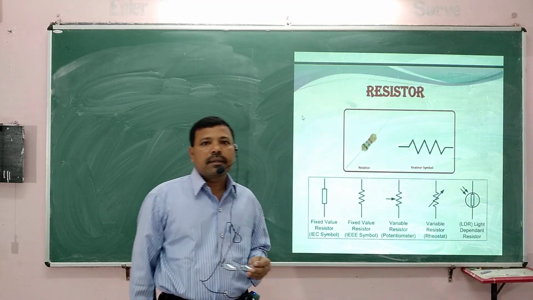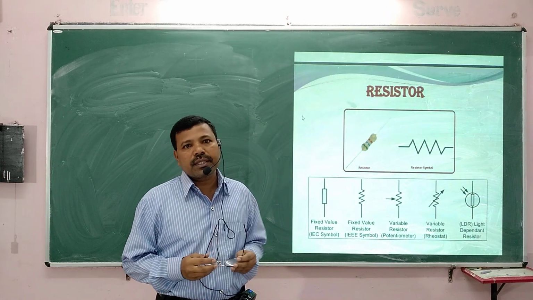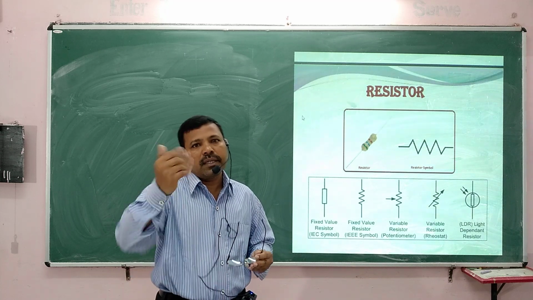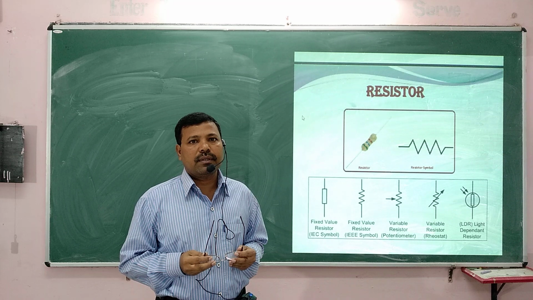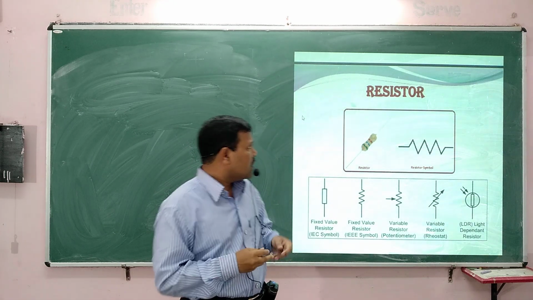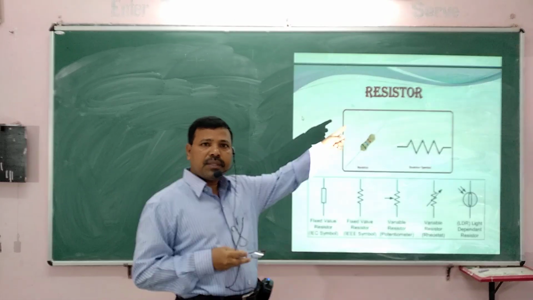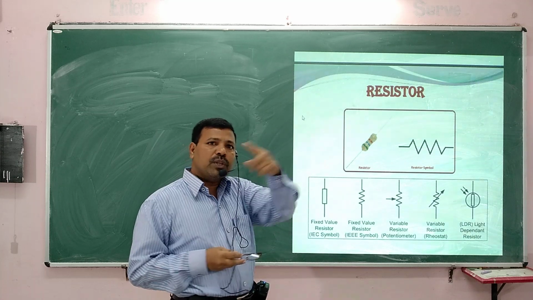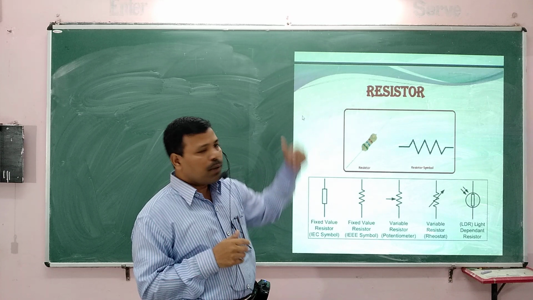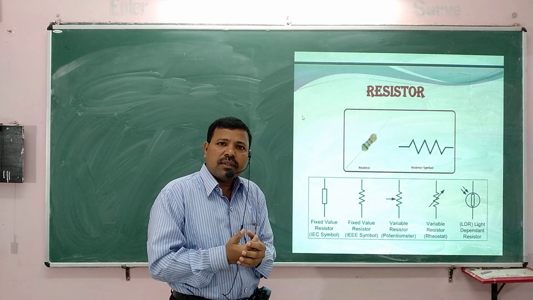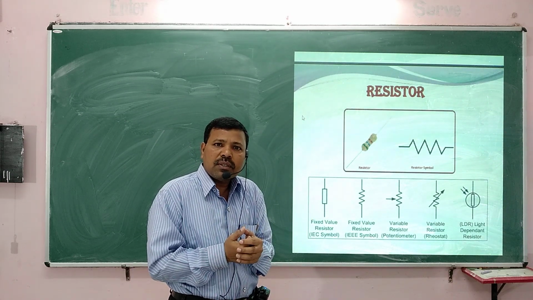In this session, I am going to discuss resistors and combination of resistors. Basically, a resistor is a substance which opposes electric current, and the property of the resistor is known as resistance.